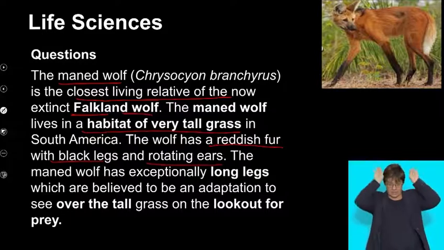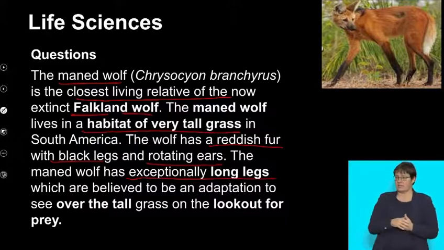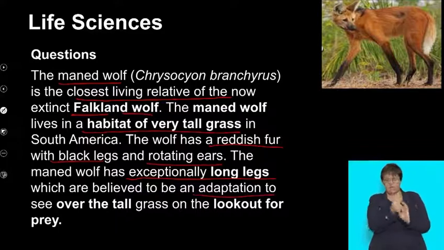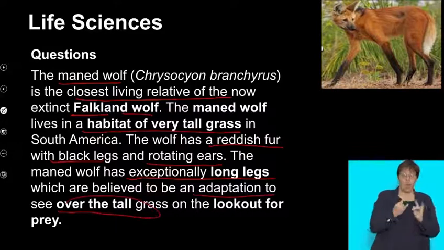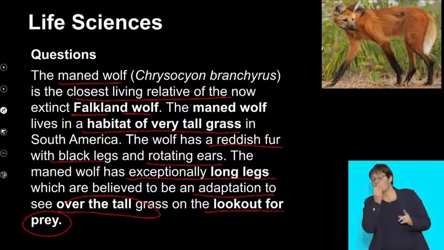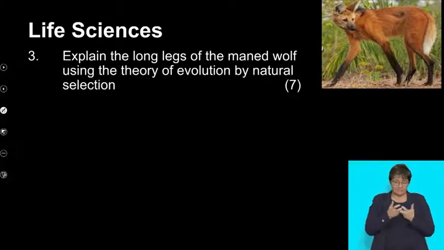The maned wolf has exceptionally long legs, as you see in the image on the top right hand side, believed to be an adaptation for looking over the tall grass and looking out for its potential prey. So these adaptations are significant for its habitat, and are unique to its habitat.